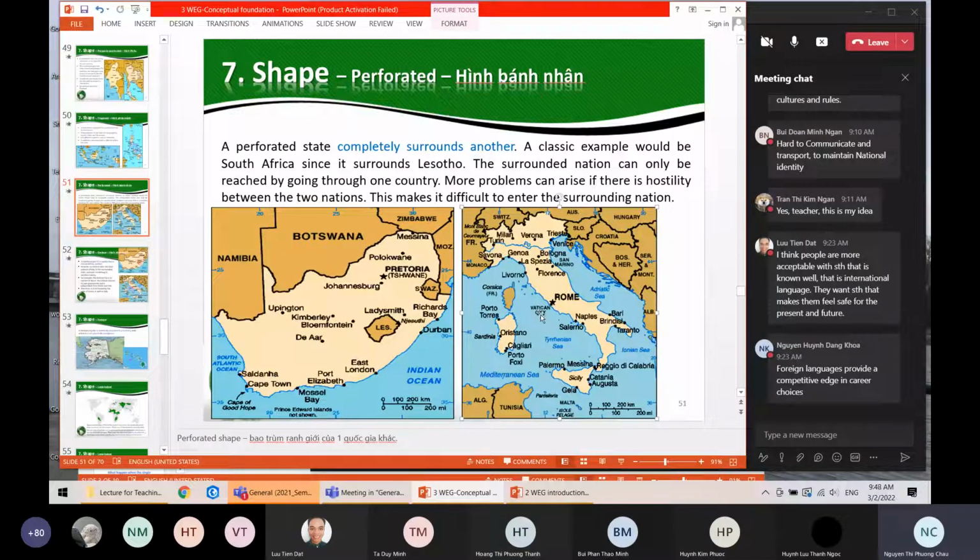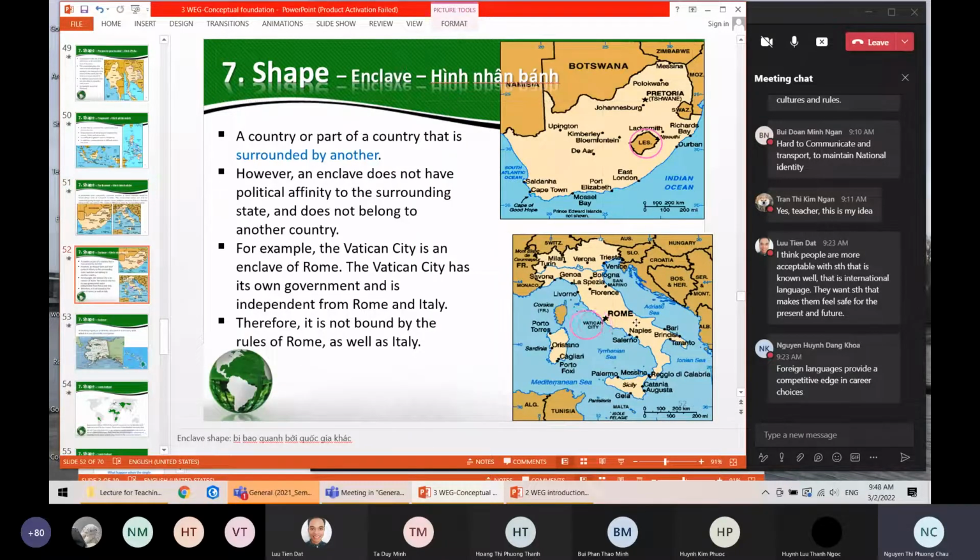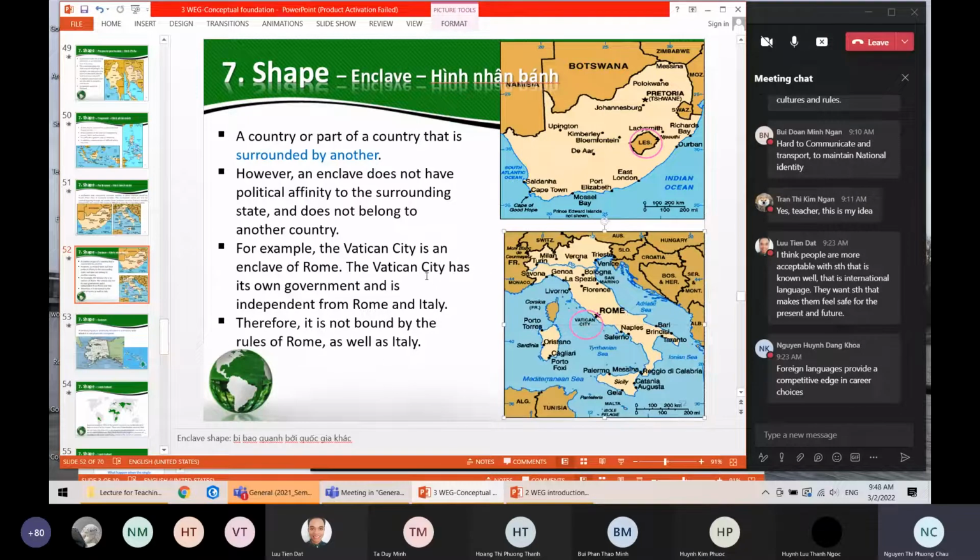Vatican City is independent and has some influence or power in the world. But Lesotho is not like that. However, Vatican City and Lesotho are the same: it's the same enclave. But which one has more advantages and more disadvantages?